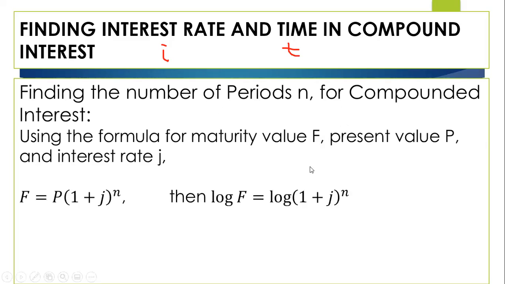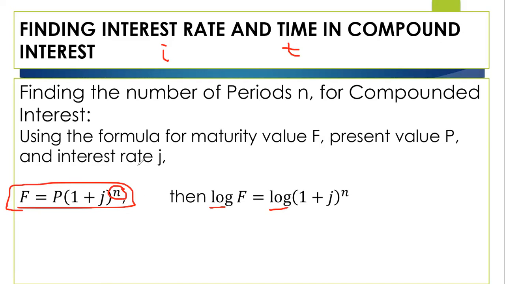So, mamanipulate lang natin from the previous formula natin, or the original formula, F is equal to P times 1 plus J raised to N. We get, so ilolog natin parehas, logarithm, para mahanap natin itong N na to. Itong N kasi yung gusto kong hanapin.